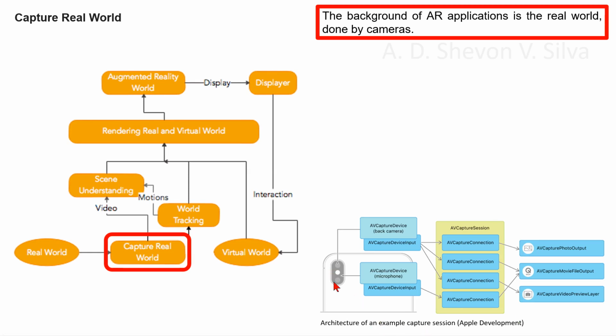Here you can see an AVCaptureDevice, the back camera, and an AVCaptureDeviceInput is connected to AVCaptureConnections, and here you can see the AVCaptureDevice microphone, and an AVCaptureDeviceInput is connected to an AVCaptureConnection. AVCaptureConnections are inside the AVCaptureSession, and here an AVCaptureConnection is connected to AVCapturePhotoOutput, and here AVCaptureConnections are connected to AVCaptureMovieFileOutput.